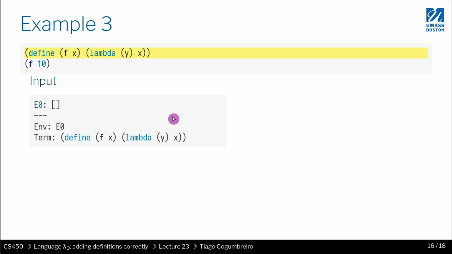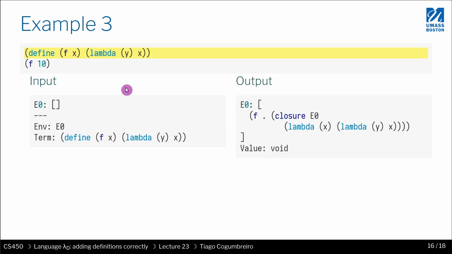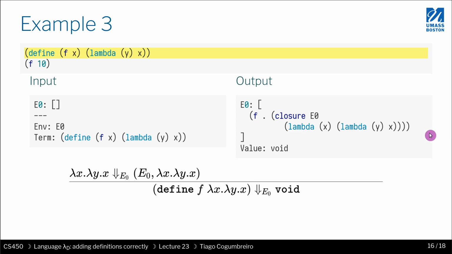Good. So if we have an input like that, the output should be a new function that has a closure E0 and returns this. This should be fine, right? Let's see how that returns.